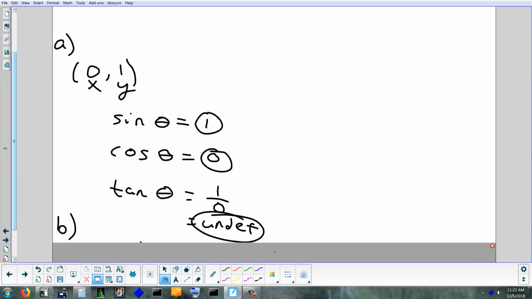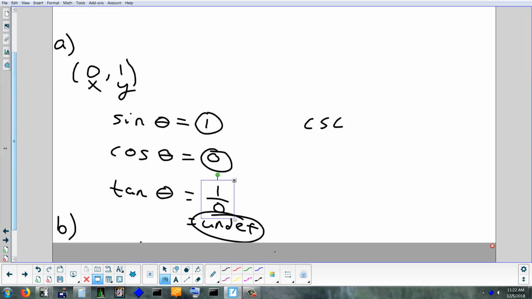Now, once we get the 3 on the left, what do we do with each one of them to get the 3 on the right? We flip them. Find the reciprocal. What's the name of the trig function that's the reciprocal of sine? Cosecant.